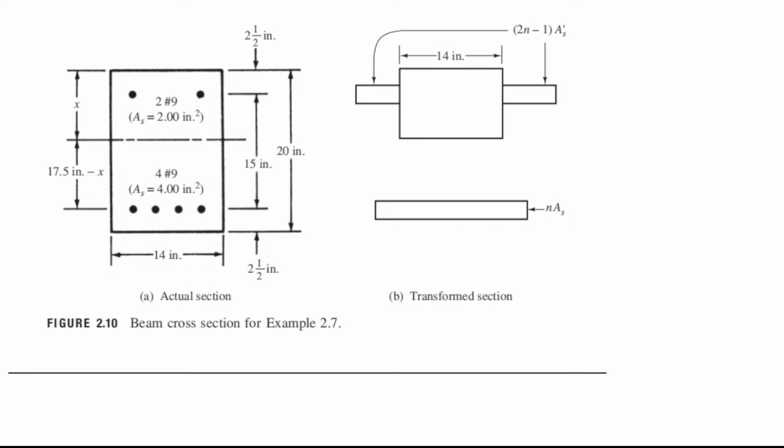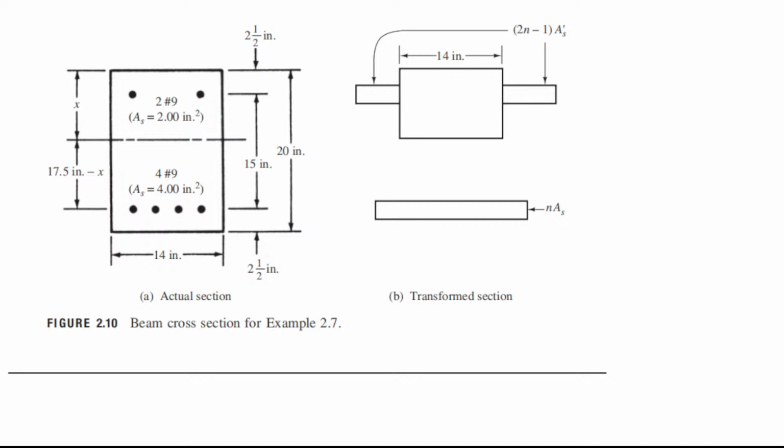If we are talking about area, that is area prime; if we are talking of the stress of concrete, fc prime. That is for the compression side. And for As prime, the total is, again, 2 square inch.